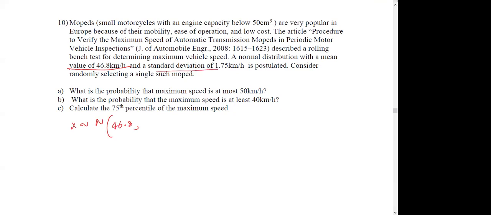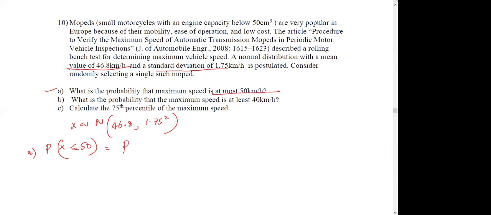Standard deviation is this much, so 1.75 squared. What is the probability the maximum is at most this much? So part A, at most, probability of x less than or equal 50. It is a normal distribution based question.